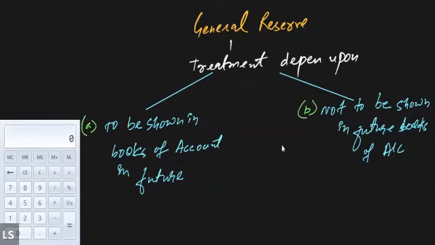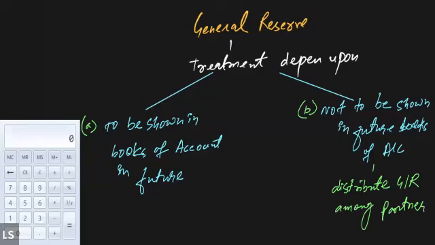So if partners have decided not to show the general reserve in the future books of account, in such a situation the general reserve shall be distributed among the partners. The value of general reserve that is currently indicated in the books of account will be distributed among the partners.